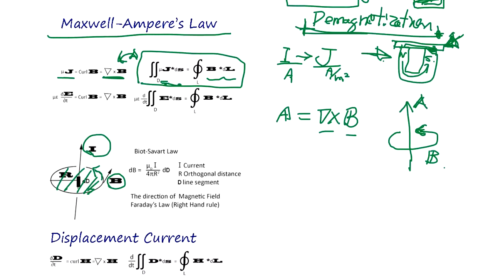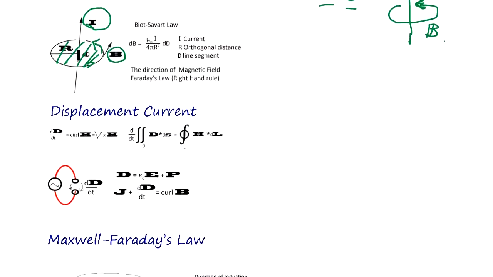Now there is another current that Ampere didn't address, but Maxwell addressed. Another type of current that also generates a magnetic field. What kind of current? It's called displacement current. Displacement current is the change of D flux.